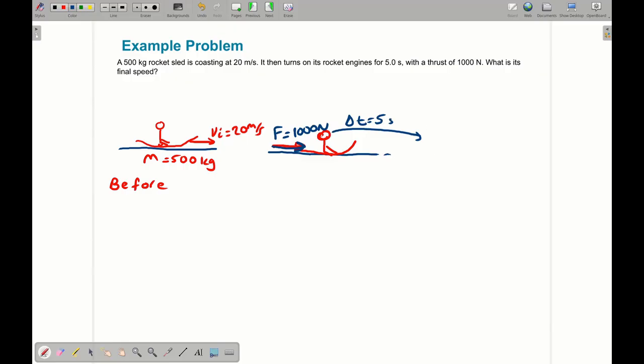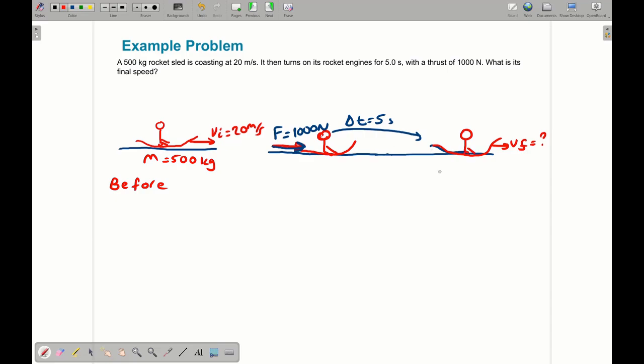This is the medium part, and the after picture will be here for me. What will happen? Then I remove the force. What will happen is pretty intuitive. I'll have a larger speed. My V final will be larger than V initial, and I'll be going at a larger speed.